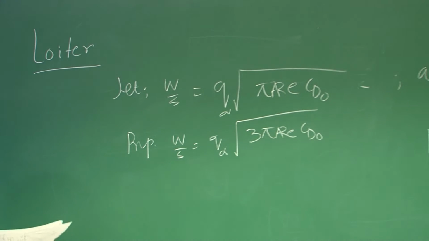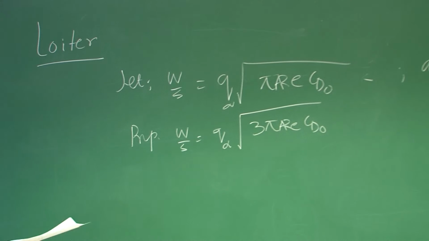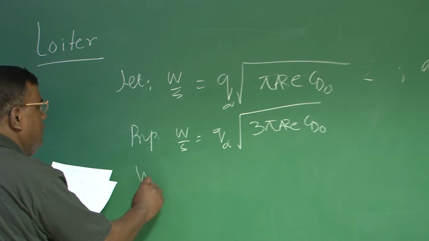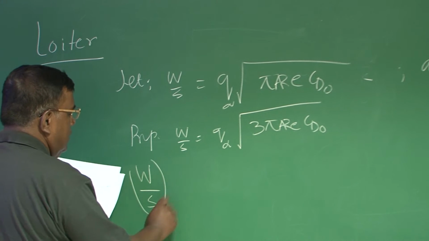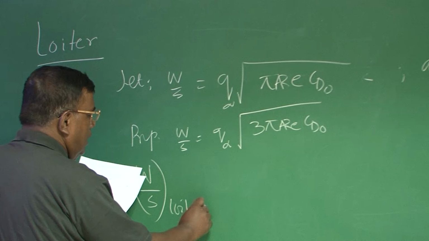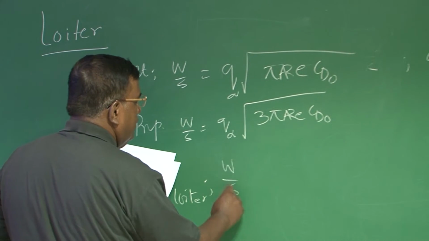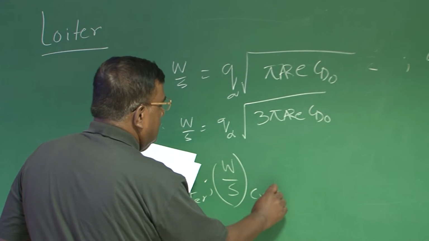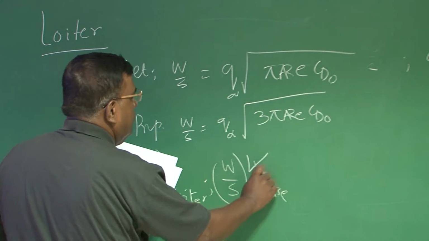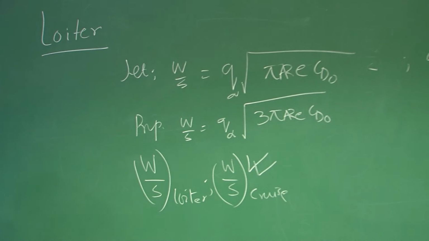Same argument goes for how to select Q infinity or CD naught, but if you are designing a transport airplane, you know that between W by S requirement for loiter and W by S requirement for cruise, I will definitely give more weightage to W by S requirement for cruise because that is the main purpose of the airplane.